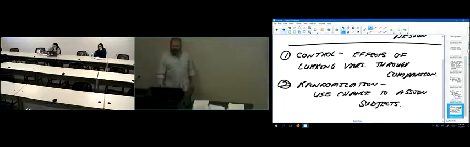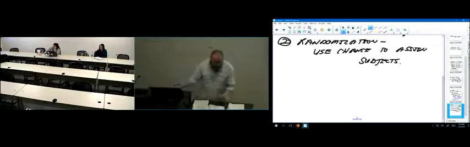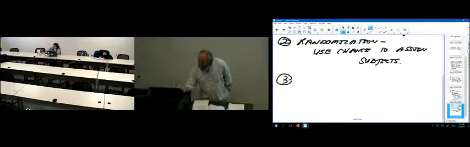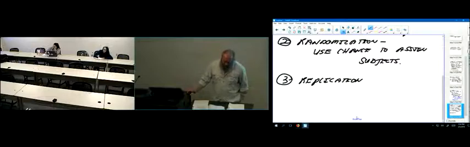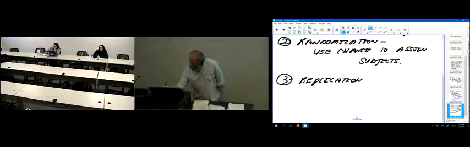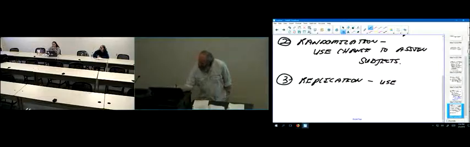And then number 3 takes care of my problem I had on the previous page, and number 3 says replication. Right? Be able to repeat your results. And I'm going to write it like this. Use enough subjects.